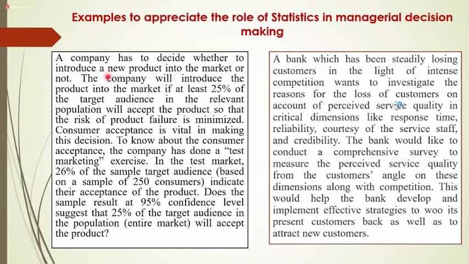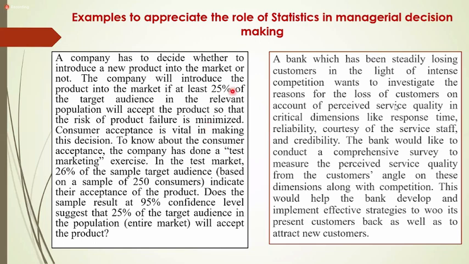So they have a benchmark. The company will introduce the product into the market if at least 25% of the target audience, that means your target population in the relevant population, will accept the product, so that the risk of product failure is minimized.